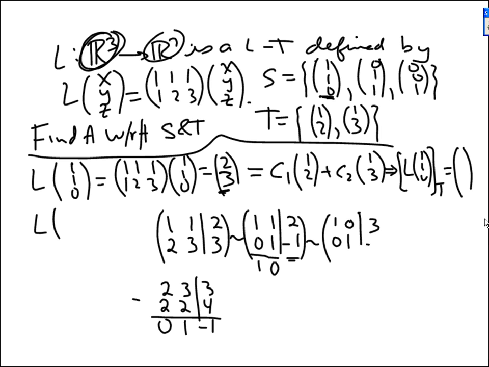The second row did not change. So that's C1 and that's C2. Let me check it. Okay, so now we know C1 and C2. They are 3, negative 1. So I have the first column of the matrix A.